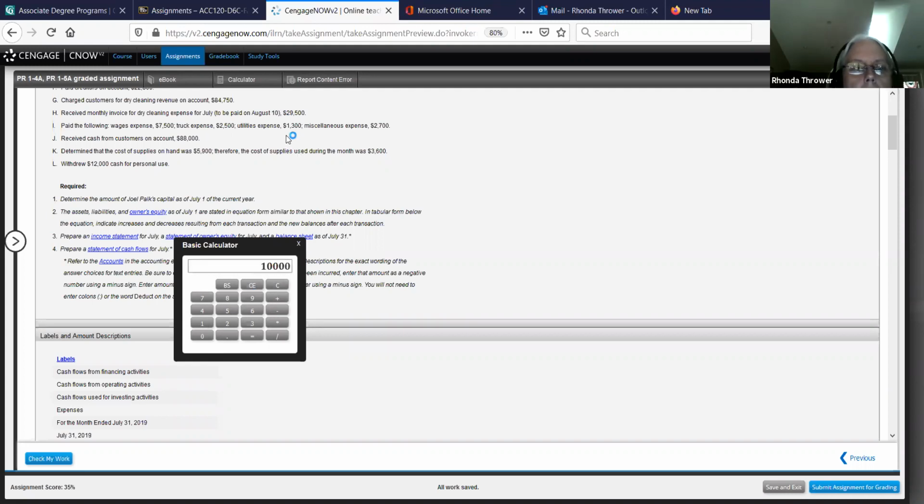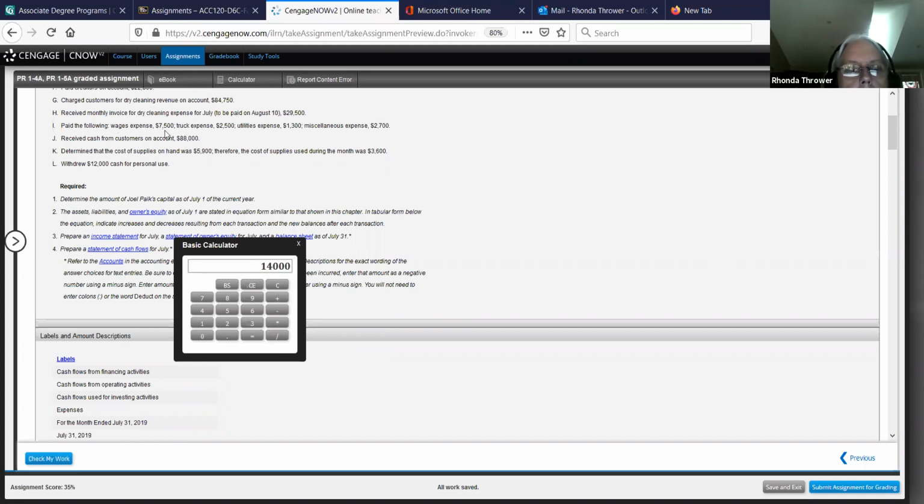And we paid the utilities expense at $1,300. And we paid a miscellaneous expense at $2,700. That gives me a total of $14,000 that we paid out.